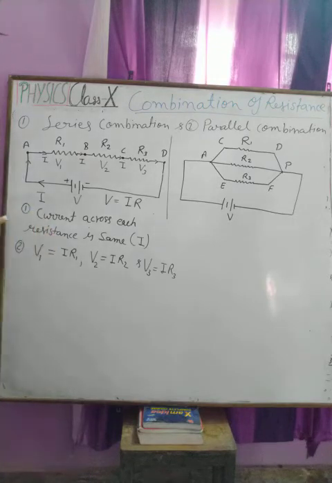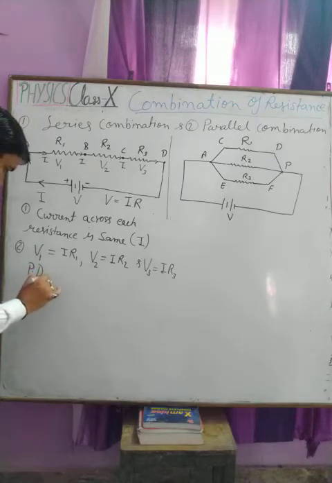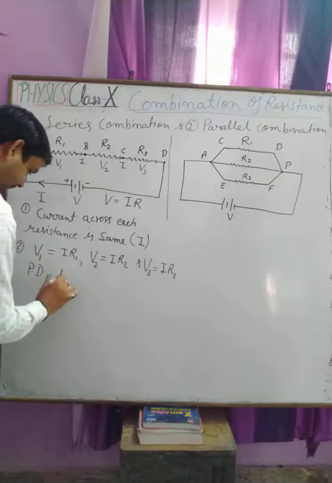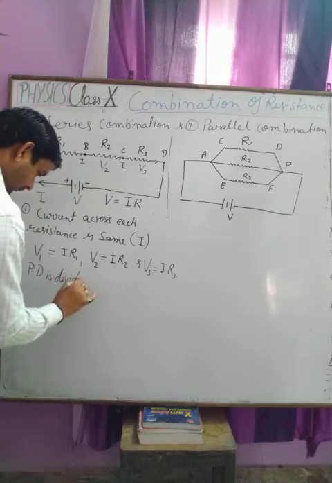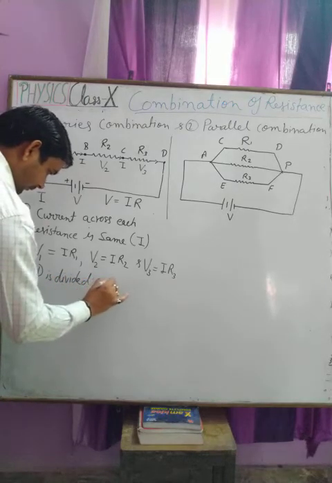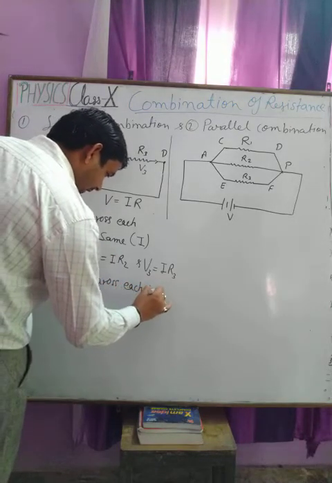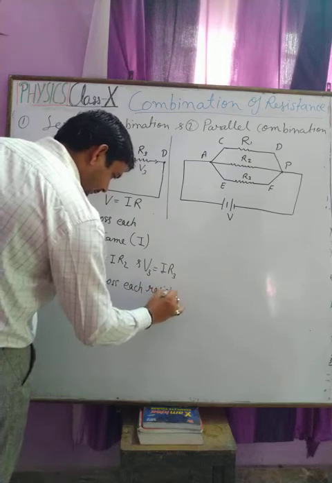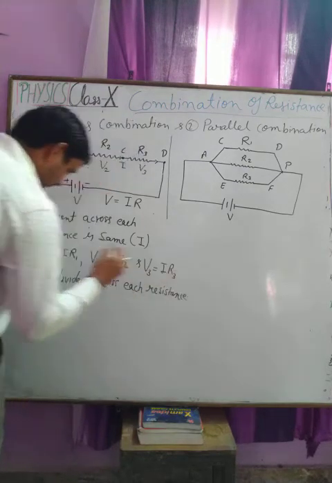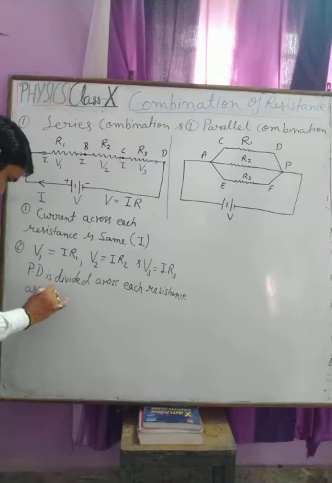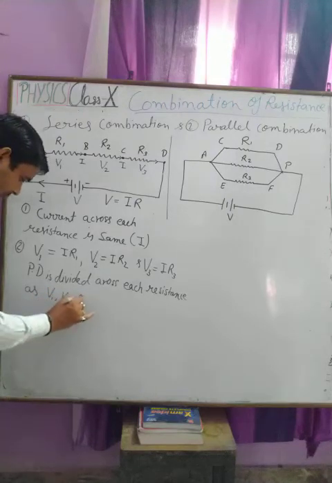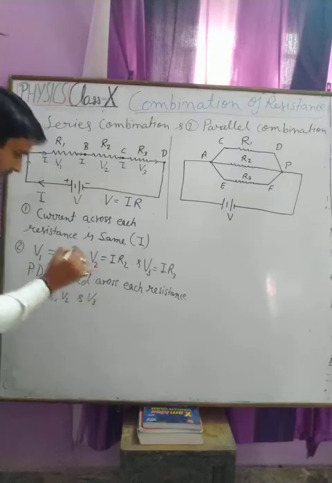So in the second rule, we find that the potential difference is divided across each resistor as V1, V2 and V3.